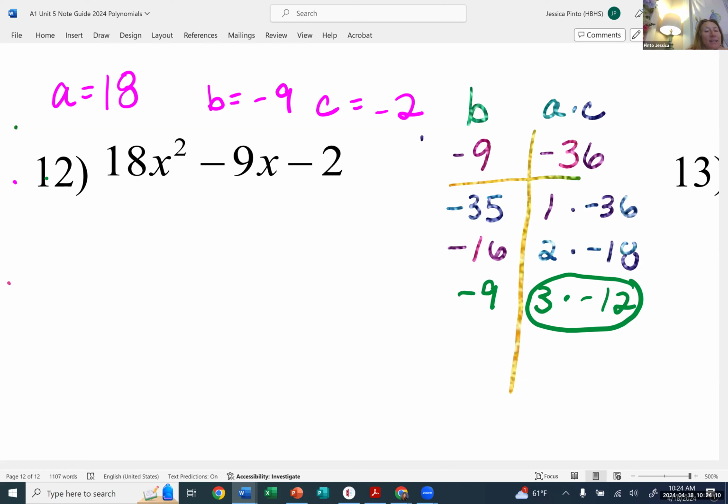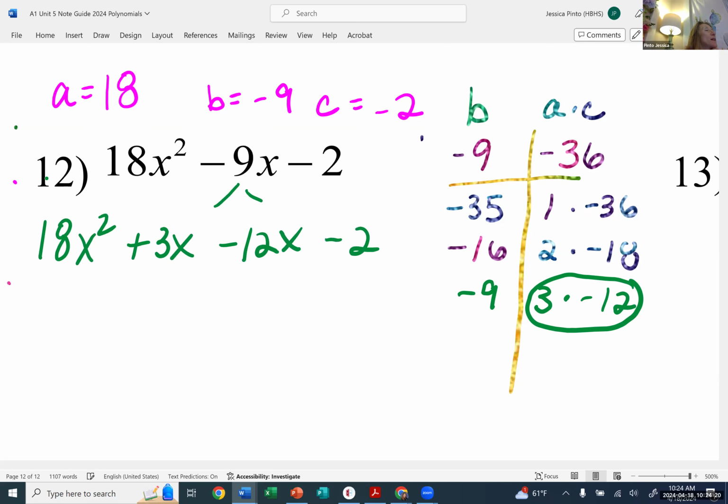That means that I write this as 18x squared plus 3x minus 12x minus 2. I wrote it as 1, 2, 3, 4 terms. Instead of -9x, I wrote 3x minus 12x because that's an equivalent way of writing -9x.